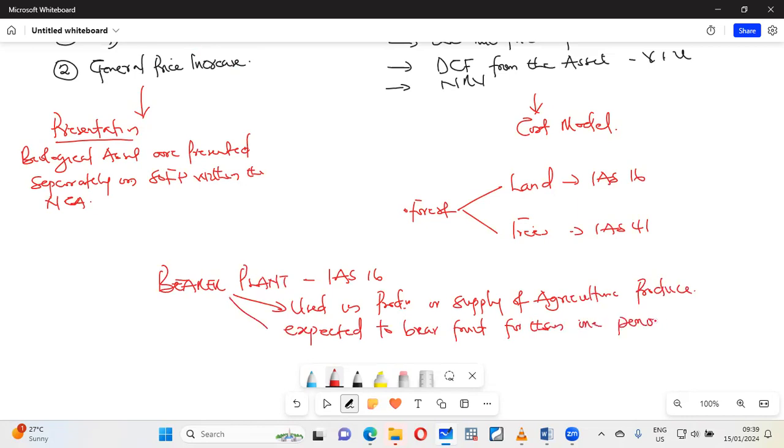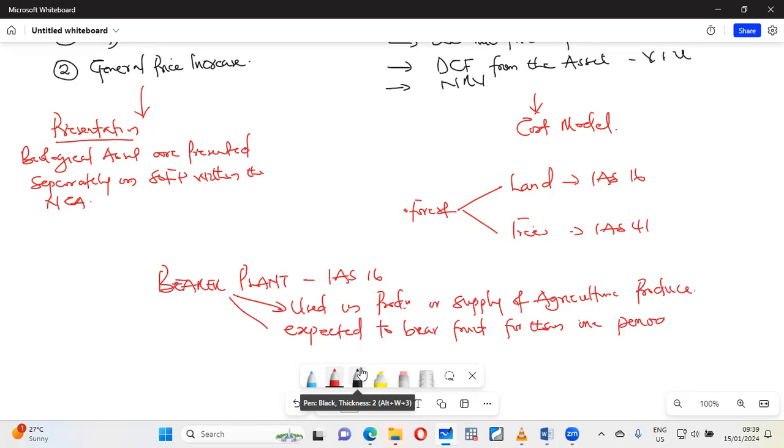All right, more than one period. And lastly, there is a remote likelihood that you will be selling the bearer plant as an agricultural produce.